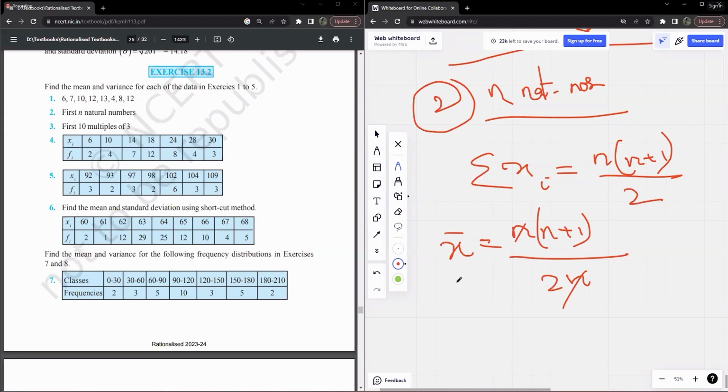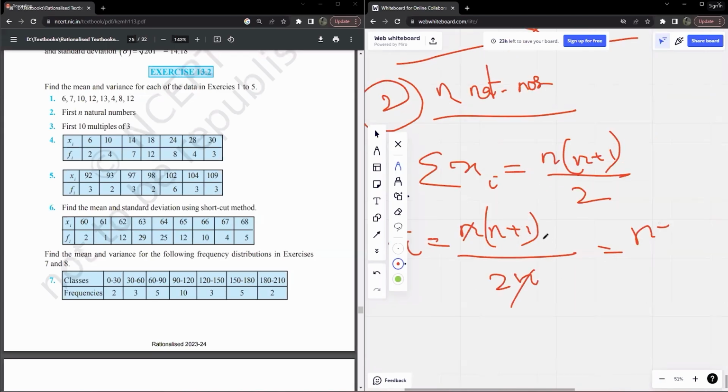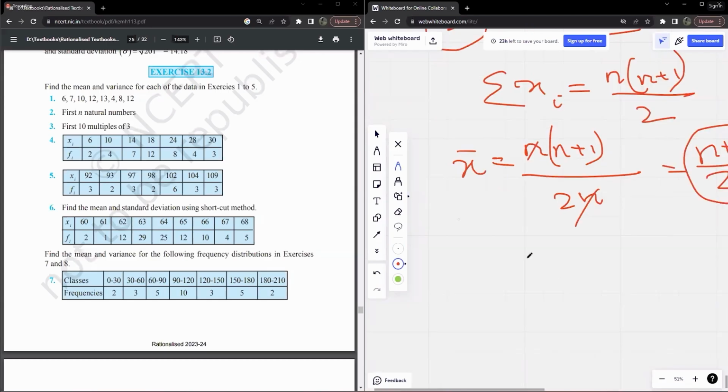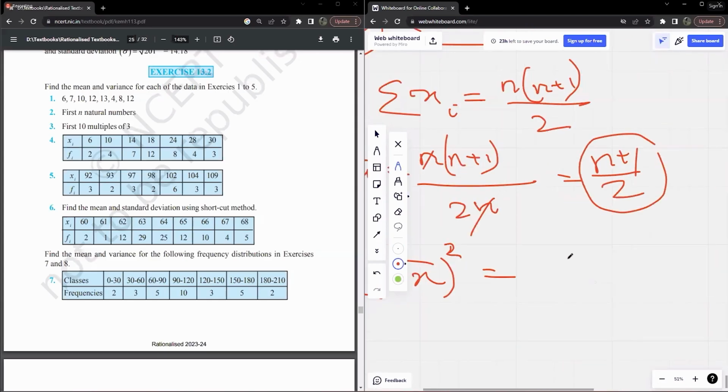And so the variance is going to be sigma of xi minus x bar the whole square, which is basically the summation of n minus 1 the whole square plus n minus 3 the whole square, and so on.